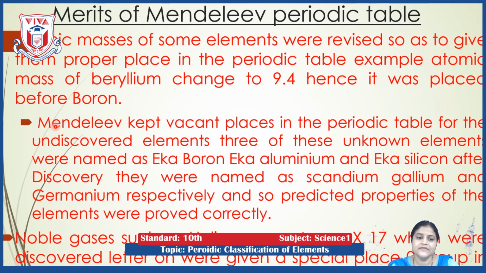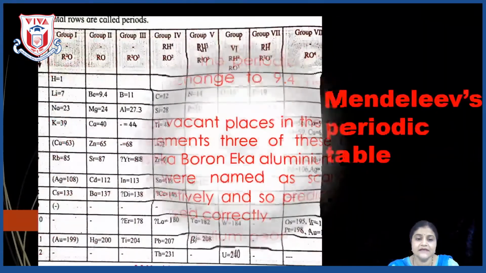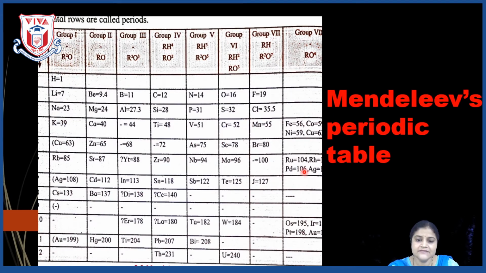Second point, Mendeleev kept some vacant places in the periodic table. You have already seen that in his table he had some vacant places. Can you see this? So in these vacant places, what was his idea? That in future, whatever elements are discovered, those elements should have a place in his periodic table.